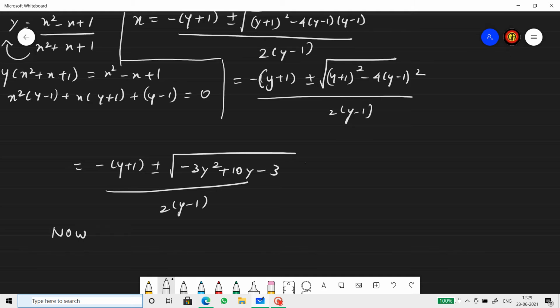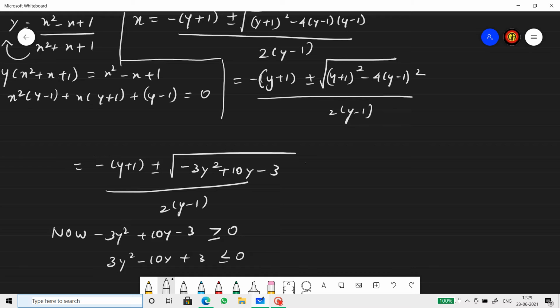Now minus 3y square plus 10y minus 3 should be greater than or equal to 0 because it is inside the root, right? Implies that 3y square minus 10y plus 3 must be less than or equal to 0. The inequality will reverse when you multiply by minus on both sides.